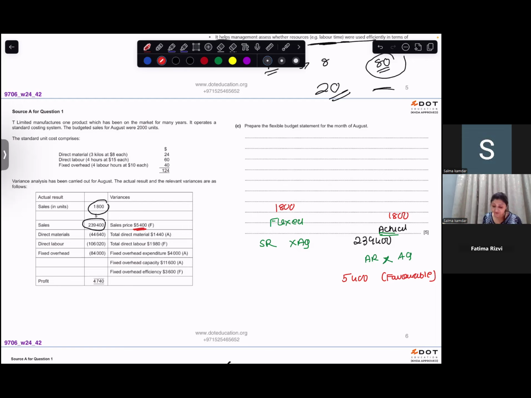So as per flexed, my sales would have been 239,400 minus 5,400. So as per flexed, my actual sales would have been 234,000.